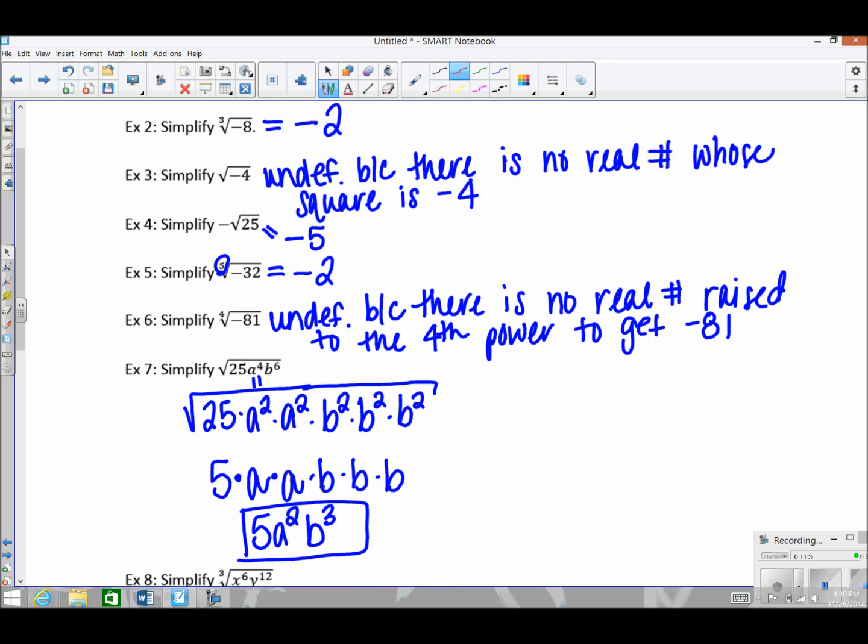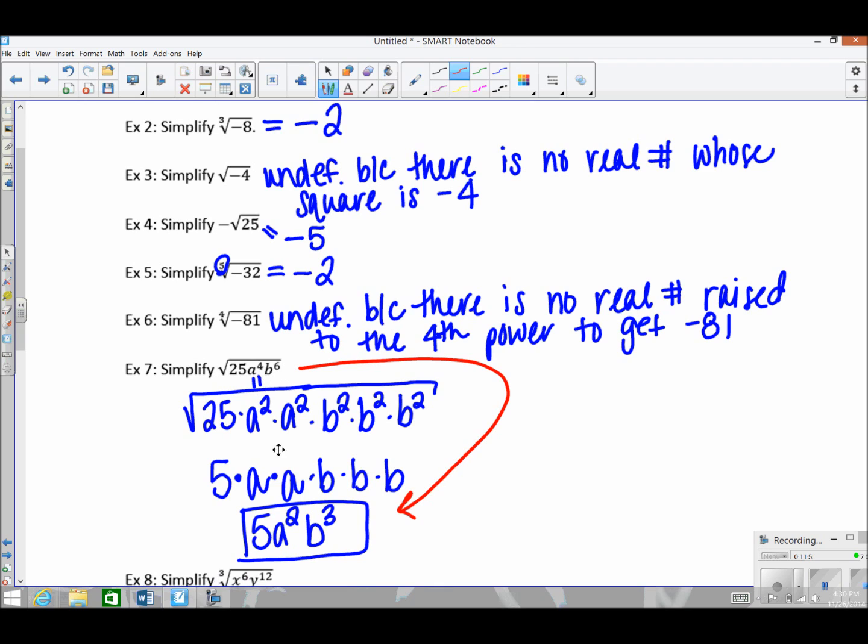But you might have noticed a shortcut here. Instead of going through this whole process that I just went through, basically you just take the square root of the number, but if you look at the exponents, really what I did with the exponents is I divided the exponents by 2 because I was taking the square root. I was asking myself, what do I have to multiply by itself twice in order to get a to the fourth and b to the sixth?